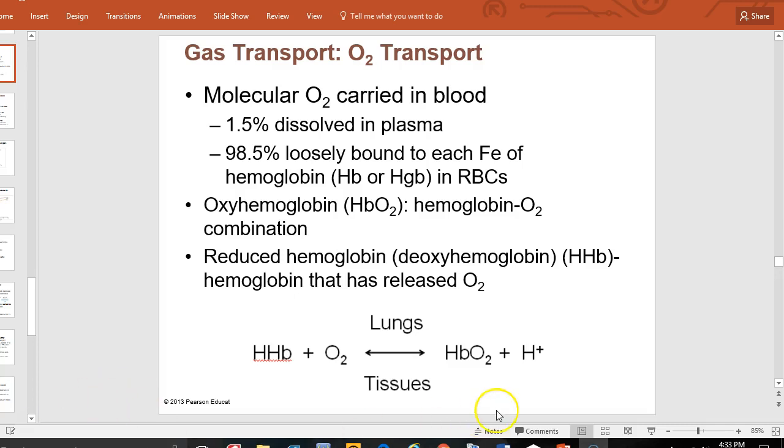Now in this equation, this hydrogen ion might give you a little concern, because you'll remember that acidity of a solution is based on free hydrogen ions. But this hydrogen ion that is released when oxygen binds to hemoglobin will be buffered, as we'll see later.